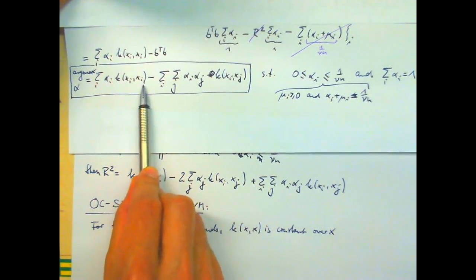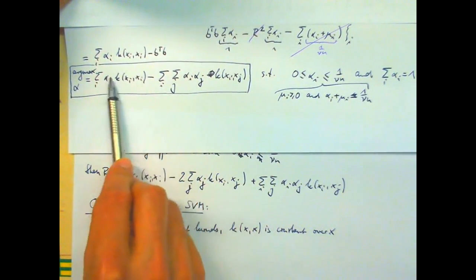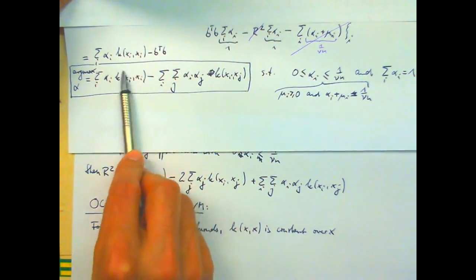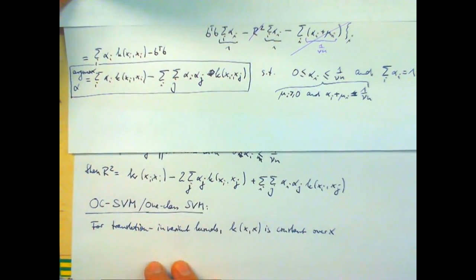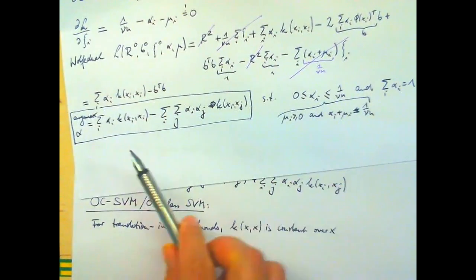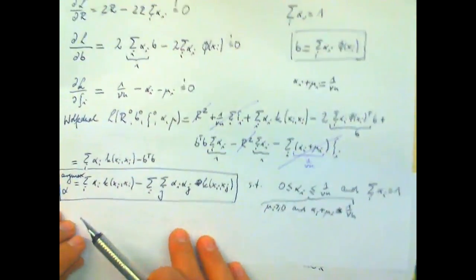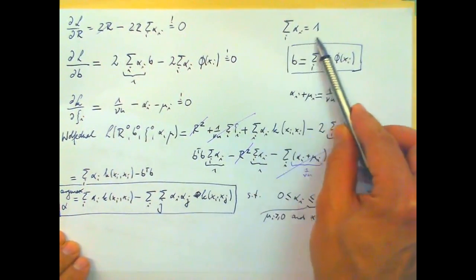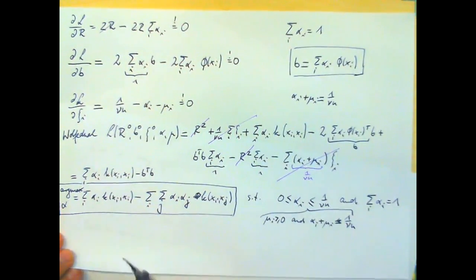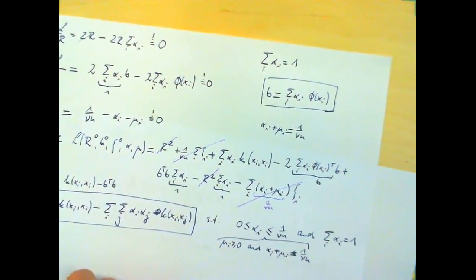So in other words, this thing becomes a constant here and can be omitted, because what's left is the sum over i of alpha_i, and the sum over i of alpha_i we had seen is 1, so that for translation invariant kernels, this first term here makes no difference to the optimization problem.